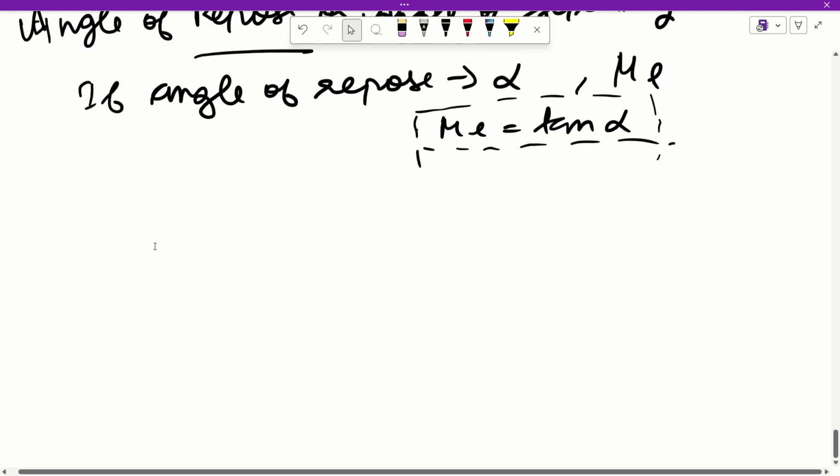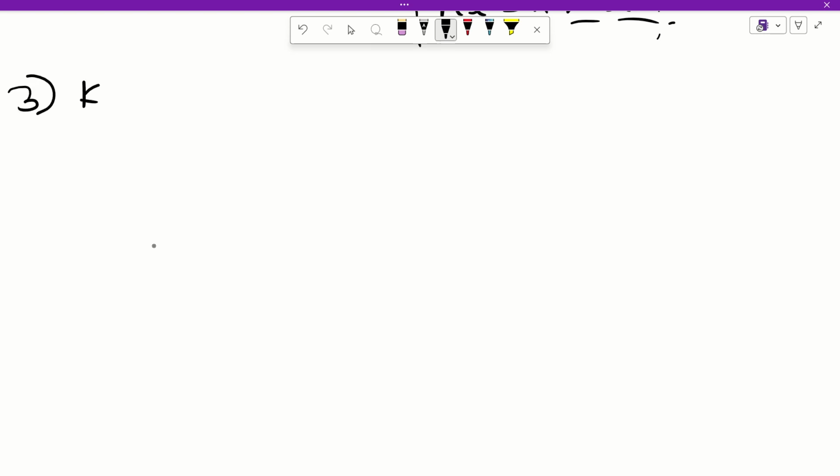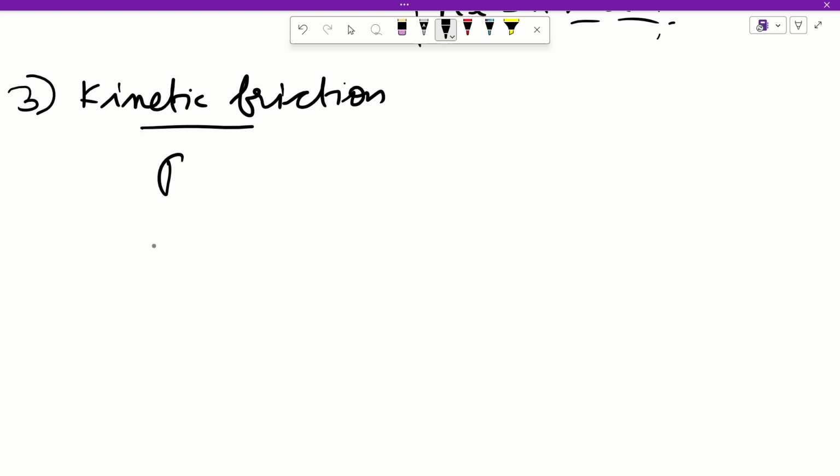The next one we are going to learn is the third and last type of friction, called kinetic friction. It is an opposing force that comes into existence when one object is actually moving over the surface of another object. Kinetic friction is denoted as Fk.